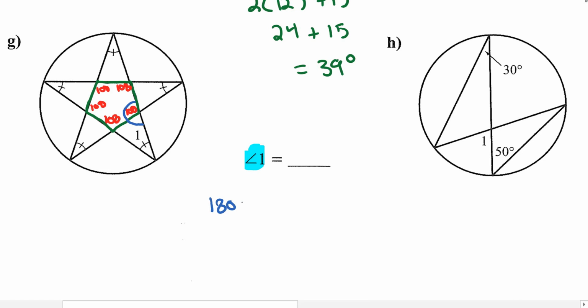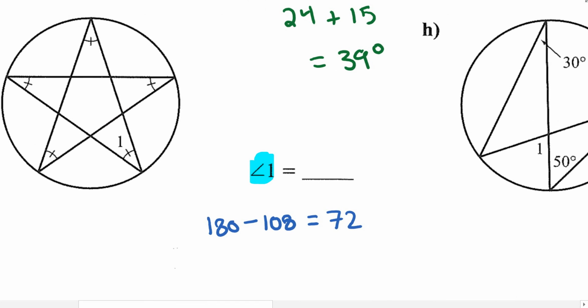So if one angle is 108 degrees, I can subtract 108 from 180. So 180 minus 108 would be 72 degrees. So if I had to blow this up a bit more, this is 108 degrees, and this is going to be 72. And over here in green, this is 108 degrees here, and that means this has to be 72 degrees.